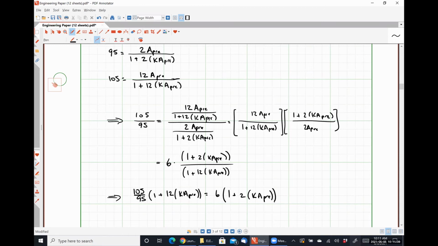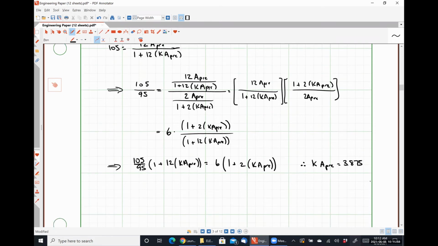So if I consider the product of K times the preamp gain to be my variable, I can easily solve this and find that K times my preamp gain is 3.875.